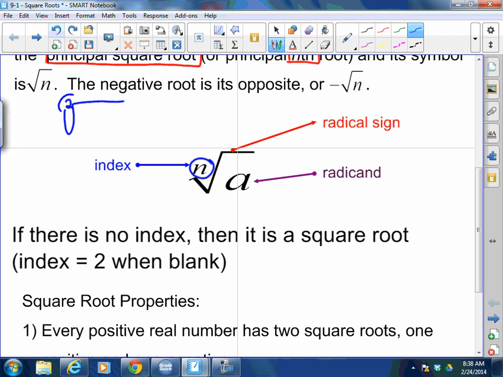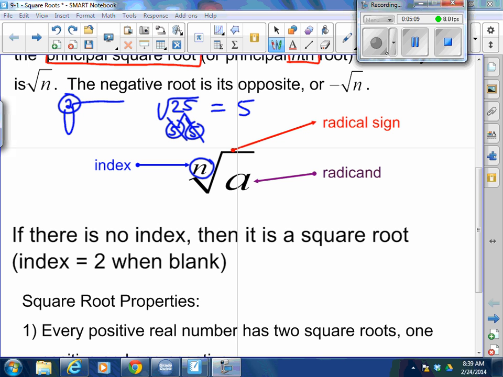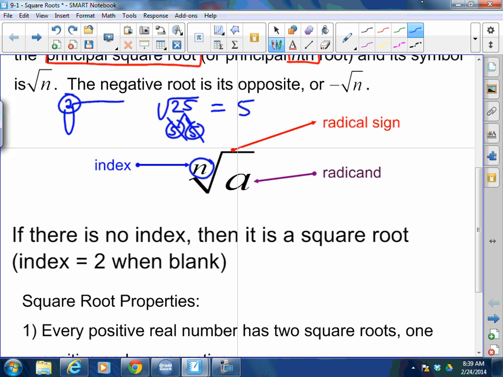What is this 2 all about? Remember how I just said that a square root is a number times itself? For example, if I have the square root of 25, doesn't that break up into 5 and 5? Don't I have 2 5s? Every set of 2 comes out as 1. Since I have 2 5s, the way radicals work, you look at the index and ask how many values do I need to pull one value out?